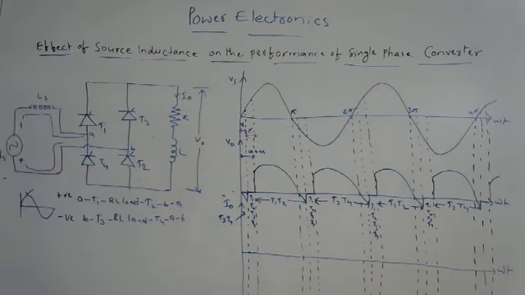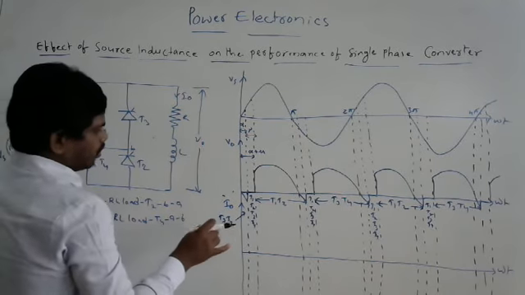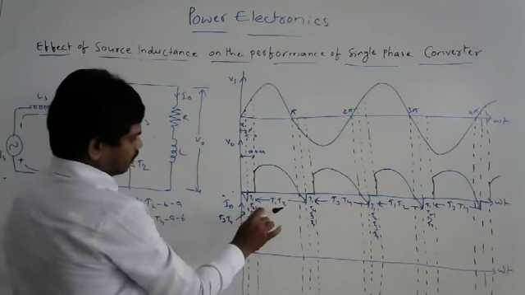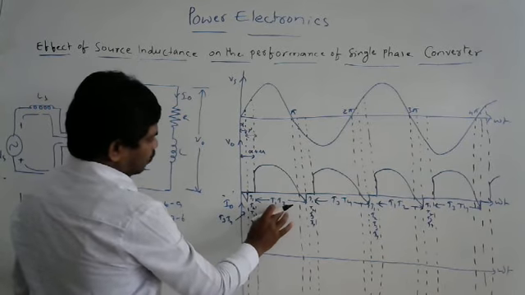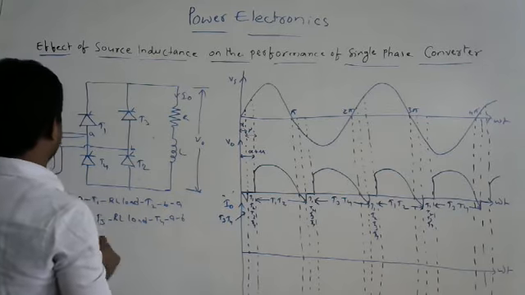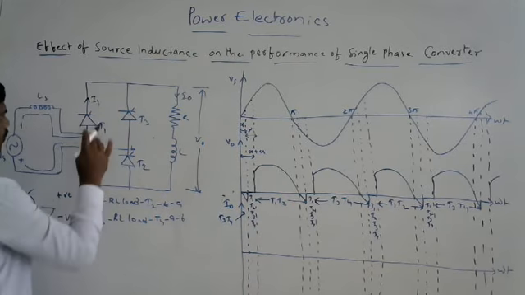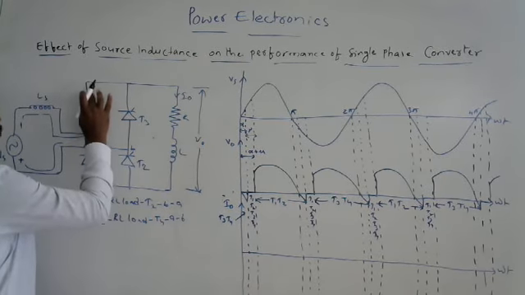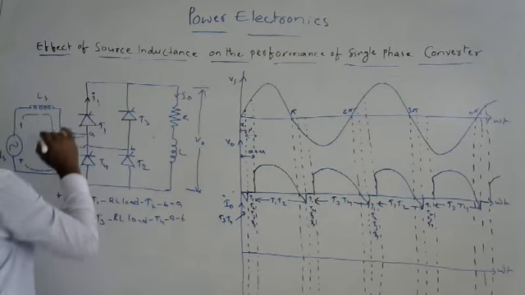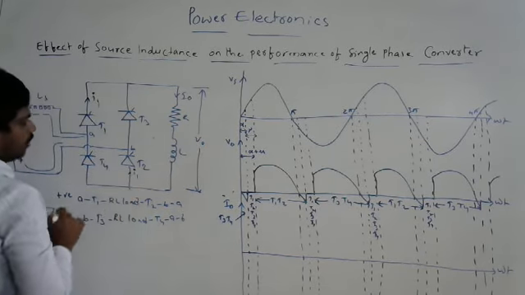Let us see the current waveform, how the current will be at the output. Look at this, very simple to understand. See this, T1 and T2 conducting. During T1 and T2 conducting, what is the current flowing through this? I am calling it the I1 current, with simple small letters. I am calling I1 the current which is flowing through T1 and T2.